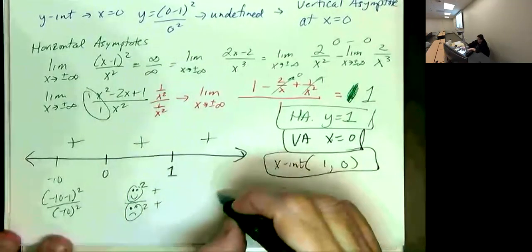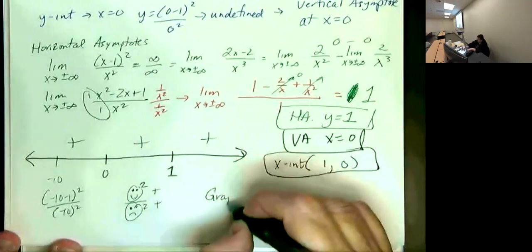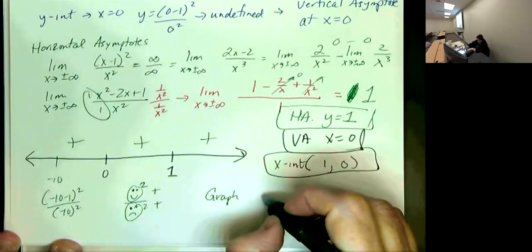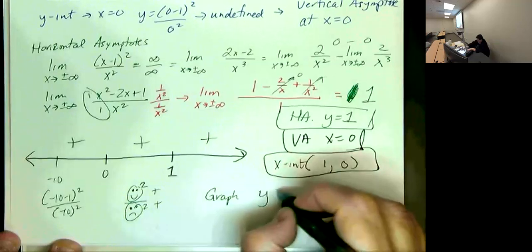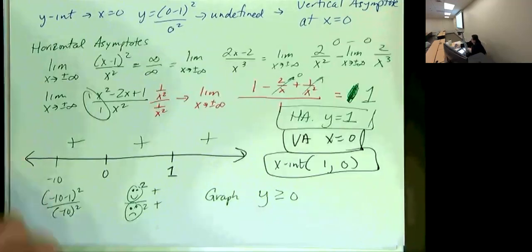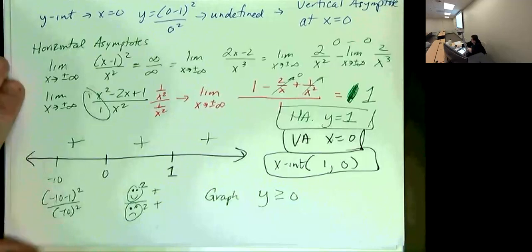So the graph is always greater than or equal to 0. There is no negative component there. And we know it goes down to 0 because we have an x-intercept. Sign chart's pretty helpful. We already narrowed down, we can eliminate half the graph. I don't need to make it so big.